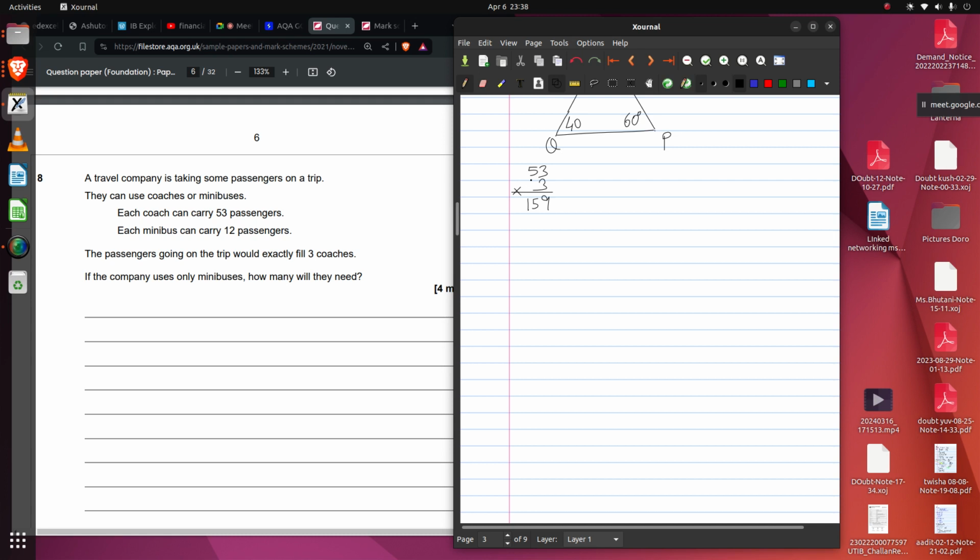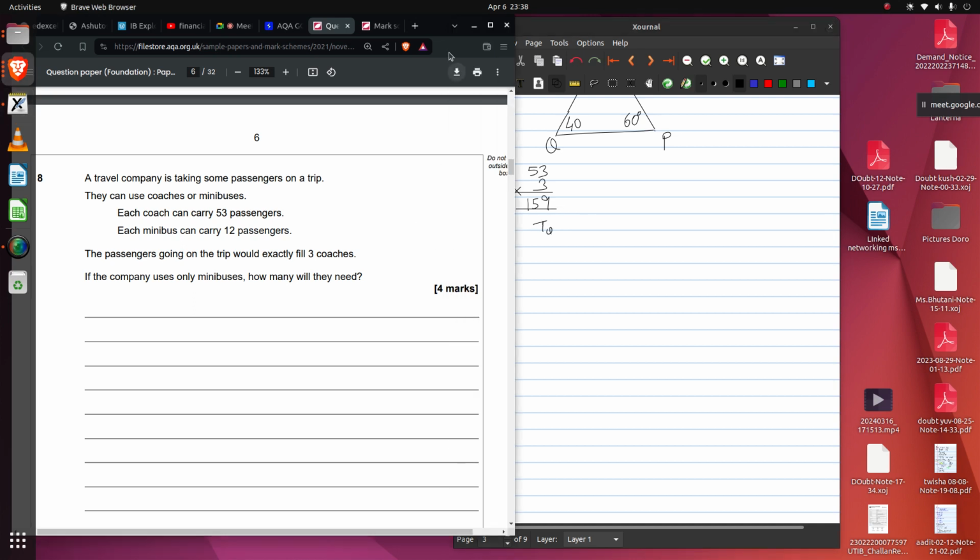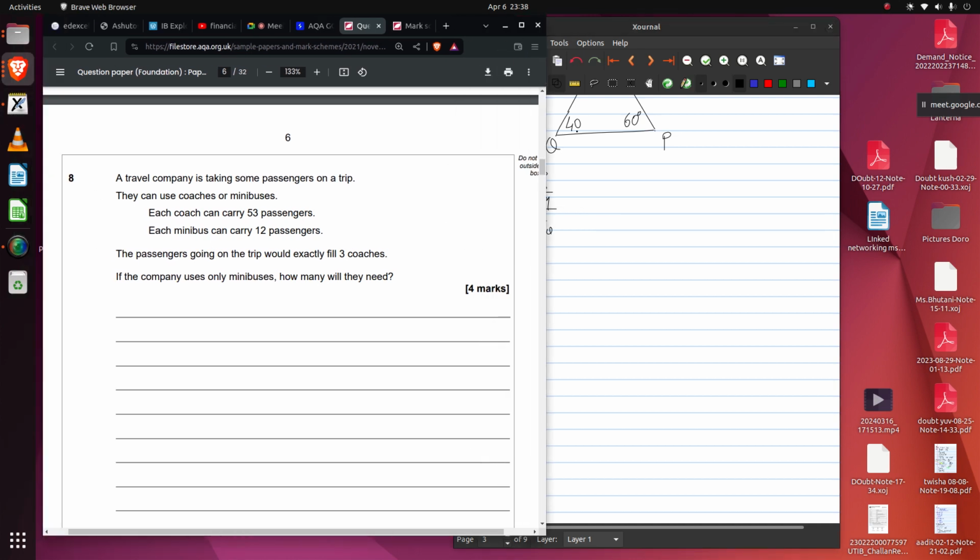How should we go about this? So it says a travel company is taking some passengers on a trip. They can use coaches or minibuses. Each coach can carry 53 passengers. Each minibus can carry 12 passengers. The passengers going on the trip would exactly fill 3 coaches.